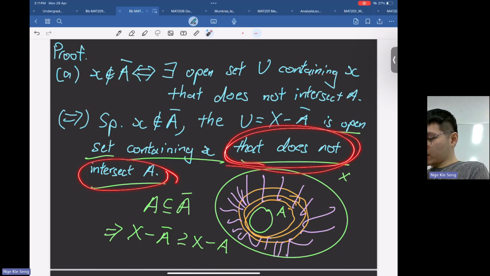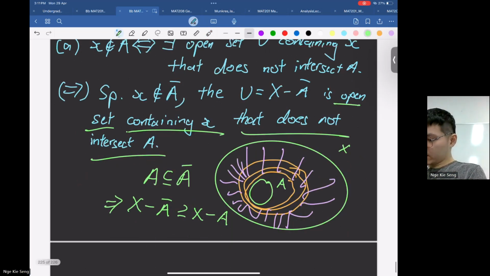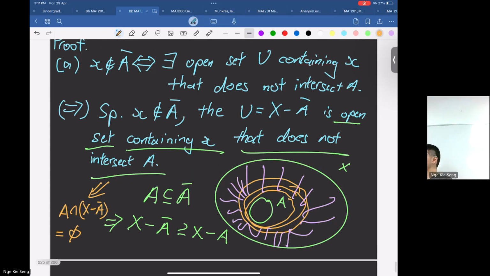This implies that A intersect X minus A bar is empty. Why? Because A is in A bar.